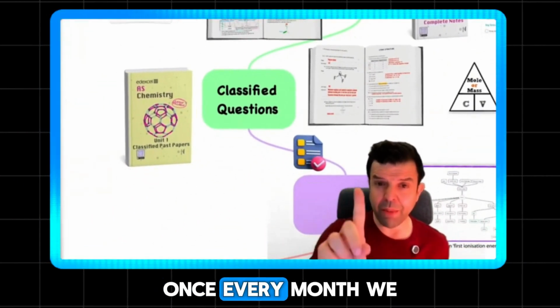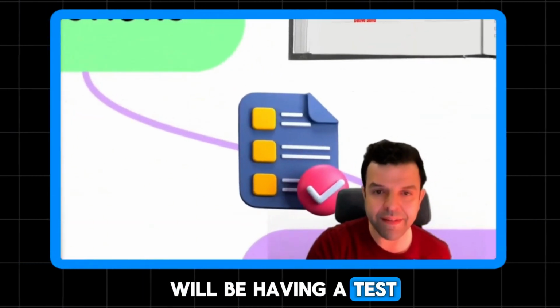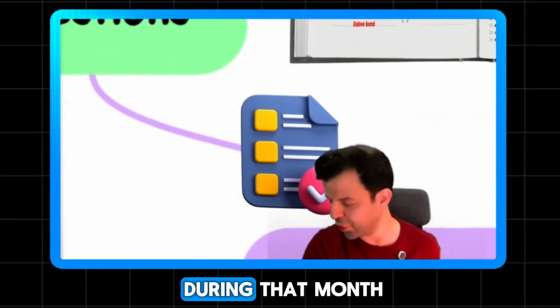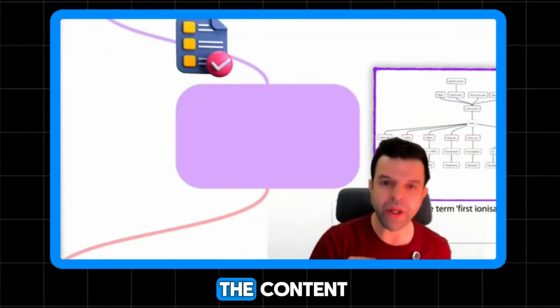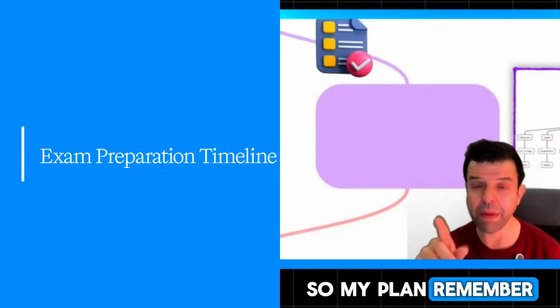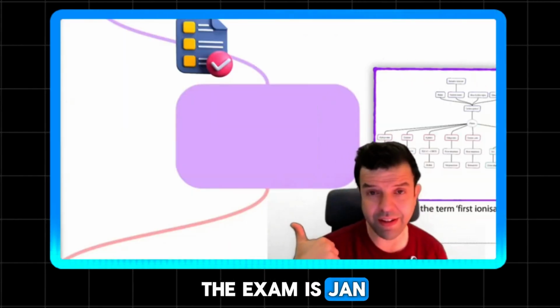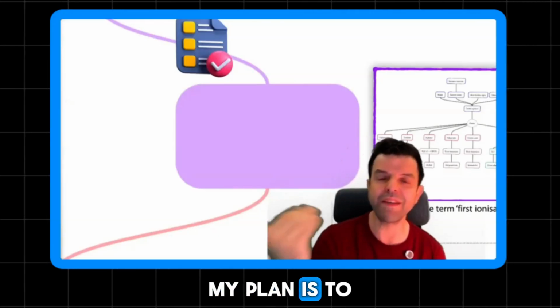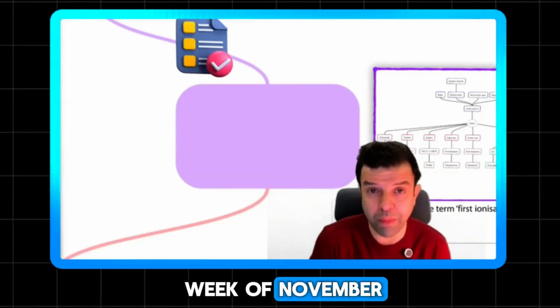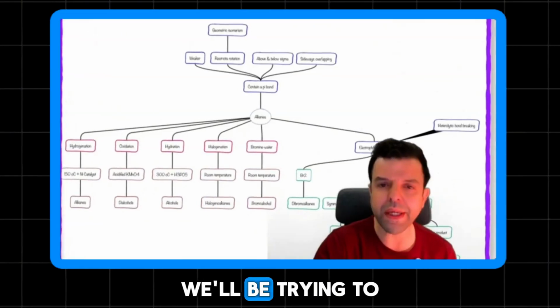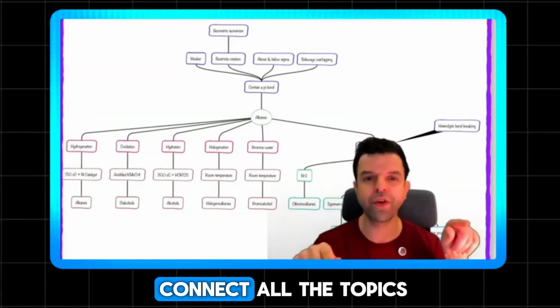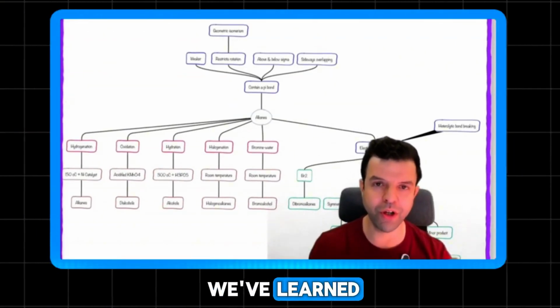Once every month, we will be having a test about what we've done during that month. Once we're done with the content, so my plan, remember the exam is 11th of Jan. My plan is to finish that the last week of November. So it gives us enough time to revise. We'll be trying to connect all the topics we've learned.